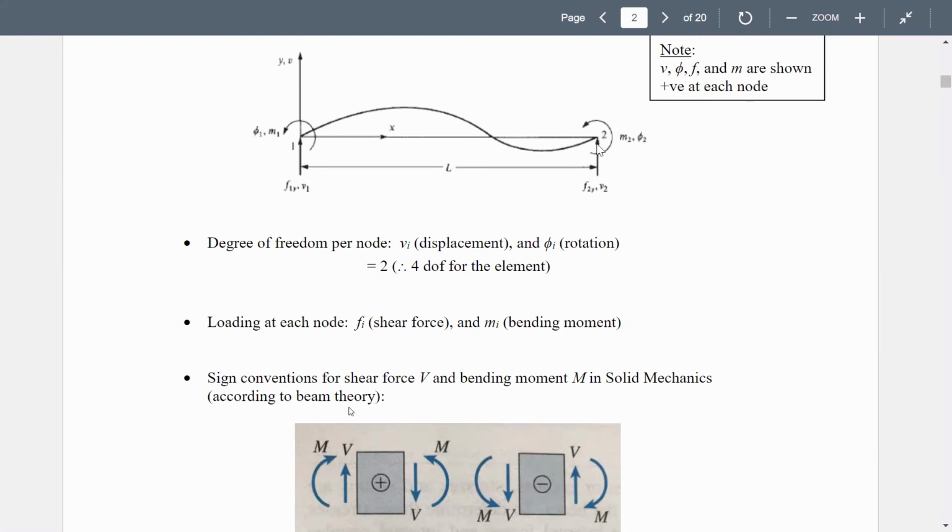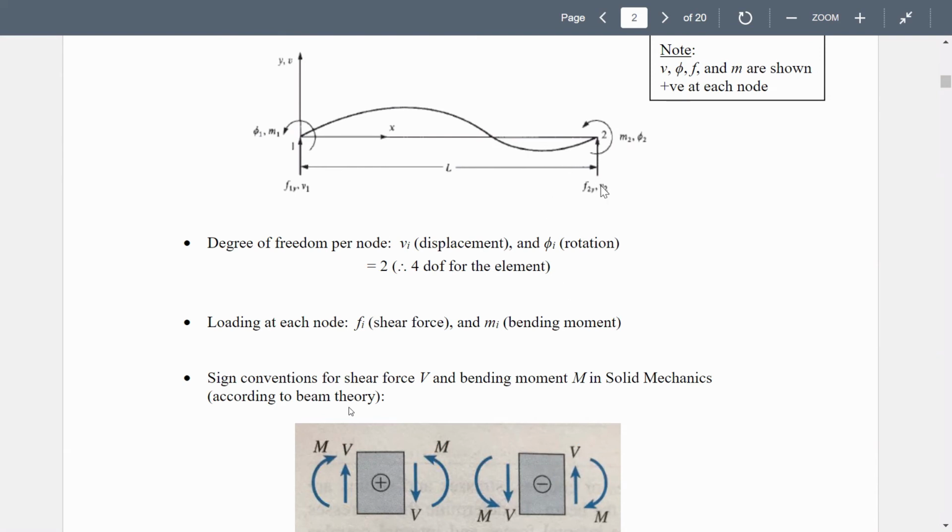Now let's look at this one. Tell me, this force upward in finite element methods is positive. In solid mechanics, is it considered positive or negative? Negative.